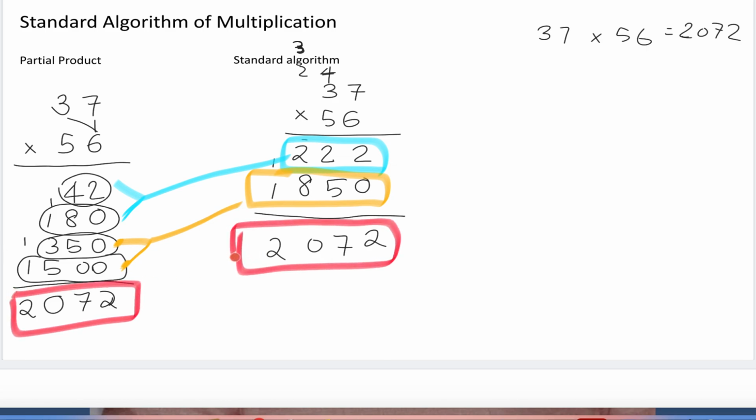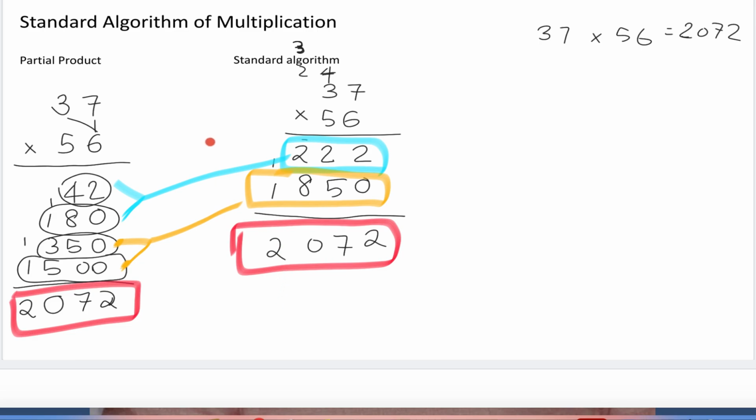So you can explain why the standard algorithm works using the partial product. That's one way. You can also connect this with area model too, or lattice model as well. And I want you to find the connections as the homework, okay? Also, if the students use only the standard algorithm, I think they can make more mistakes easily.